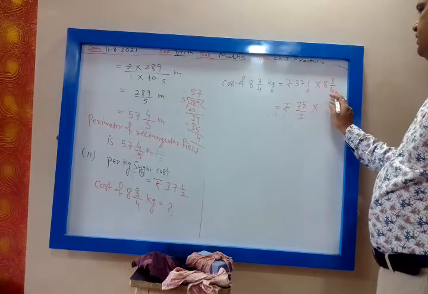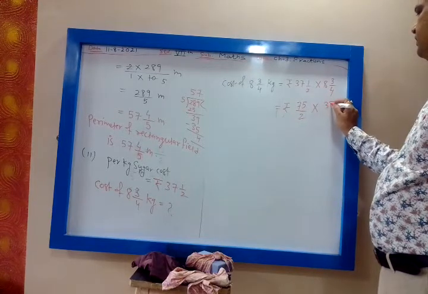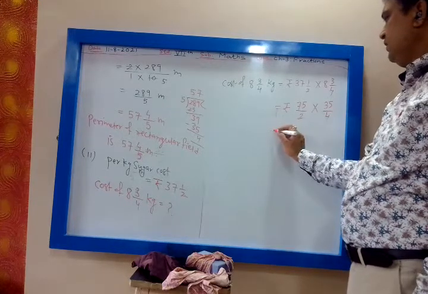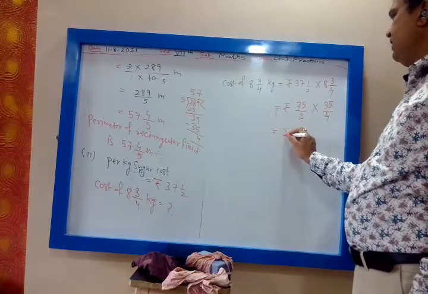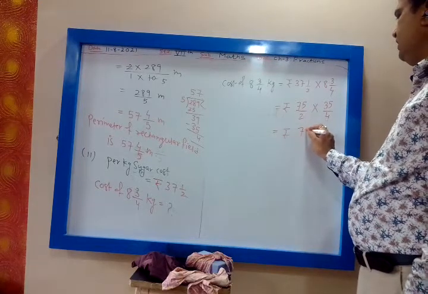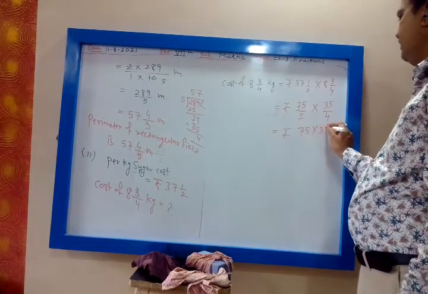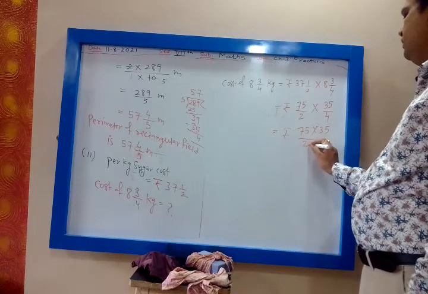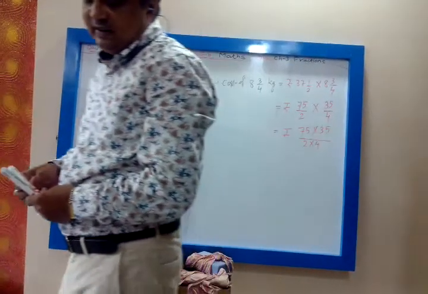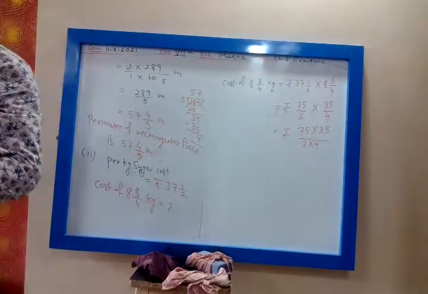Then 8 fours are 32 plus 3, 35 by 4. Okay. So that is rupees 75 by 2 into 35 upon 4. So 75 into 35 upon 2 into 4. Now multiply, nothing, 75 and 35 you cannot cancel.